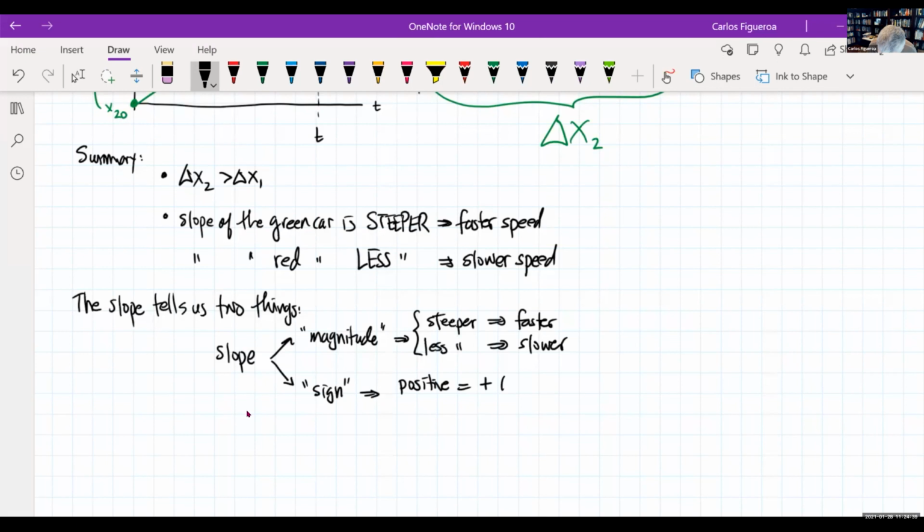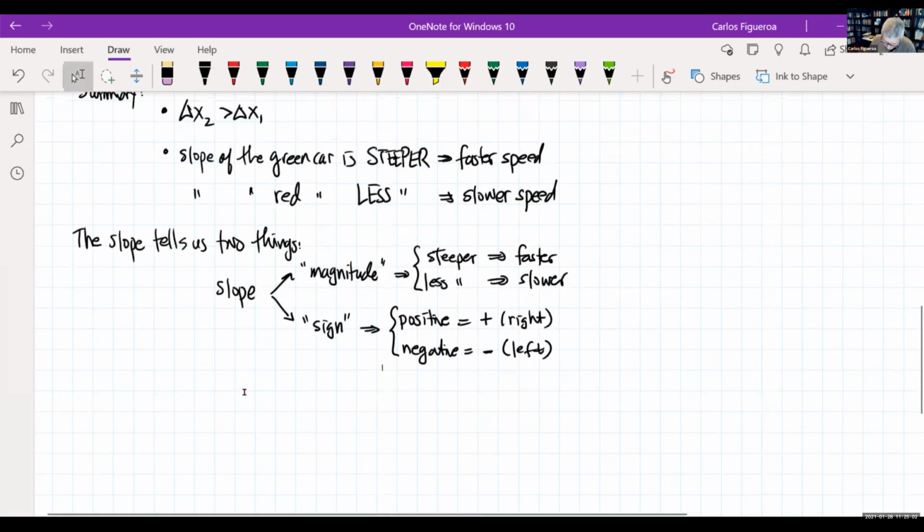Sometimes we say the positive slope may be going to the right, but I don't really want to get into that. We just want to say that positive means the way you've defined positive. And the negative slope is typically telling us that we're moving to the left, at least in this scenario here.